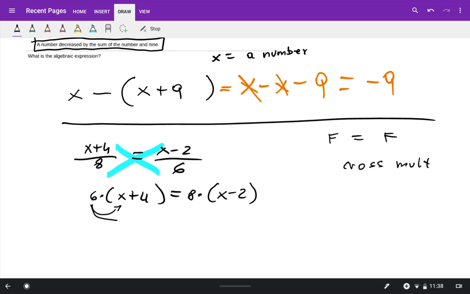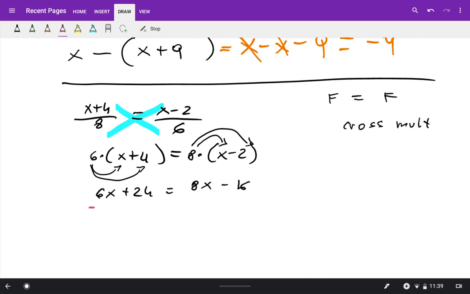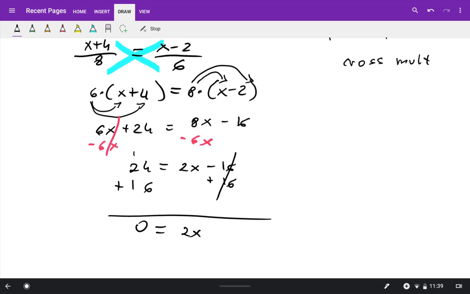Now just distribute 6 to both. So you're having 6x plus 24 equal 8x minus 16. And we're going to solve for x. So I will subtract 6x from both sides. And we're getting 24 equal to 2x minus 16. And I'm just going to add 16 to both sides. And you're getting that 2x equals 40.